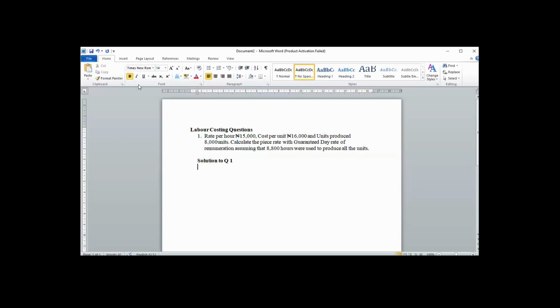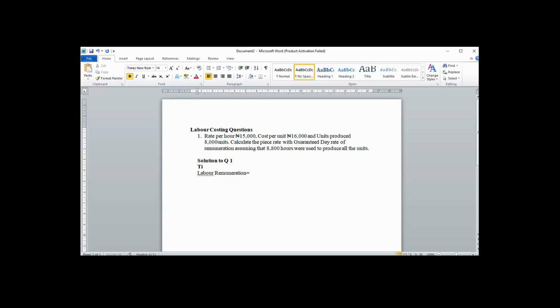Now, for you to calculate labor remuneration, it is equal to, now this one, we're using what we call time basis.